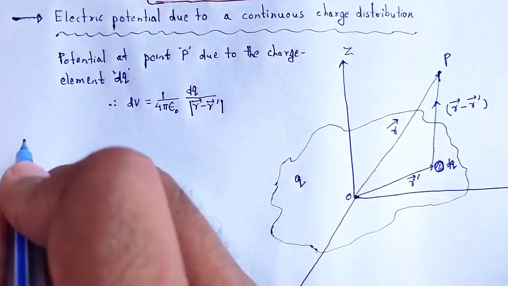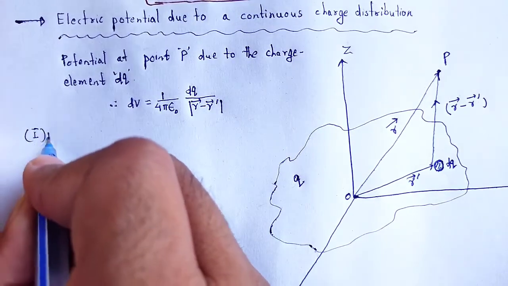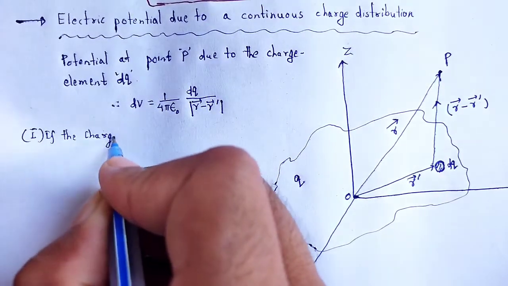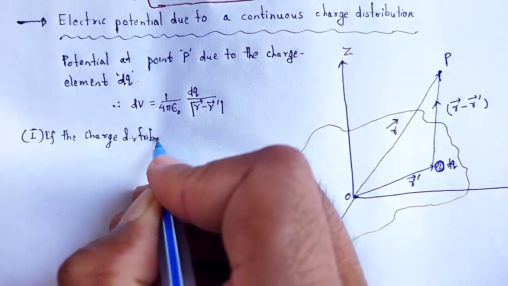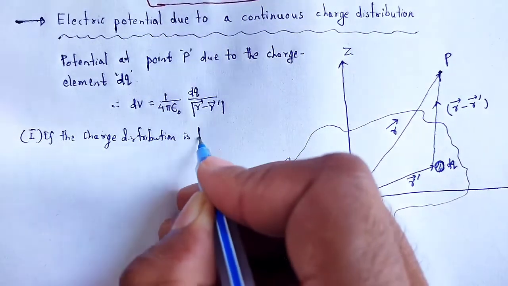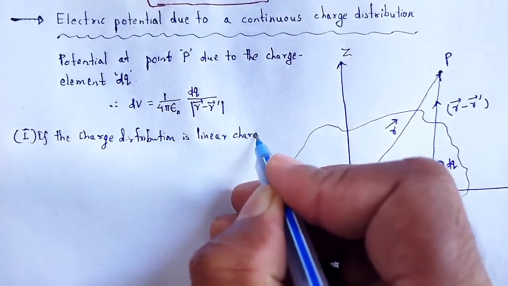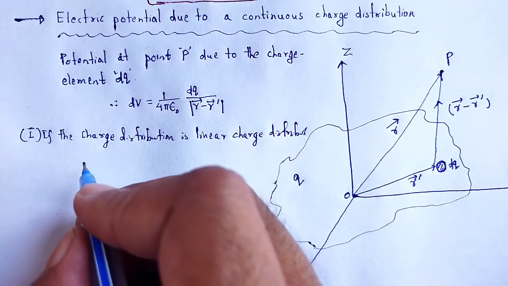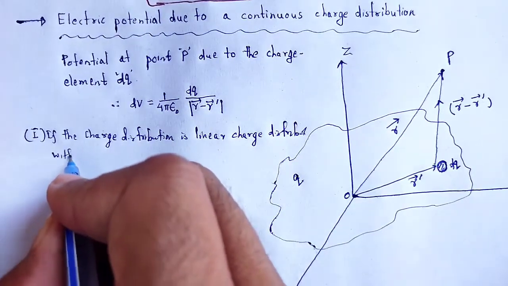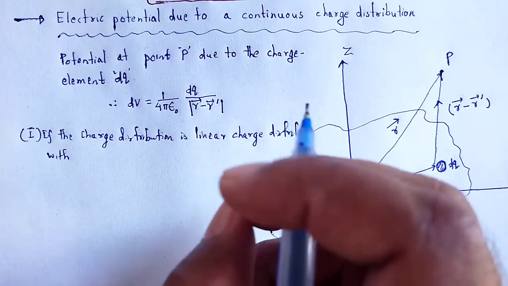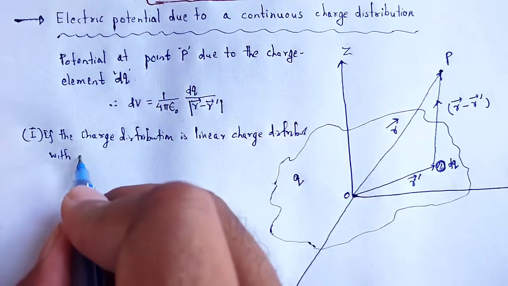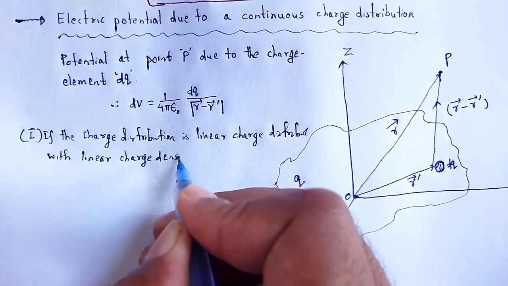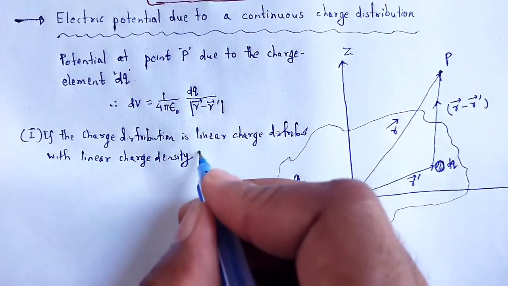First, if the charge distribution is linear, we take the technical term linear charge density, lambda.